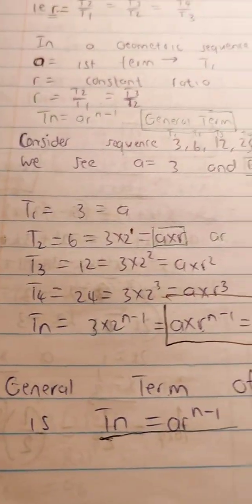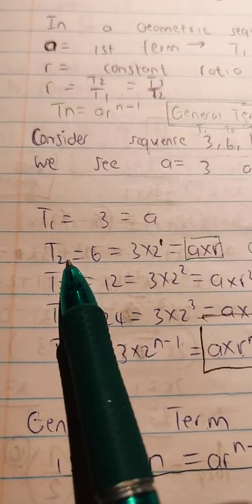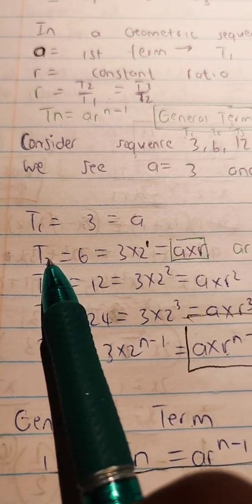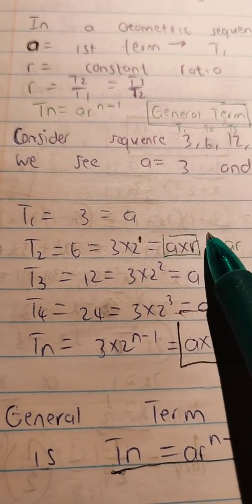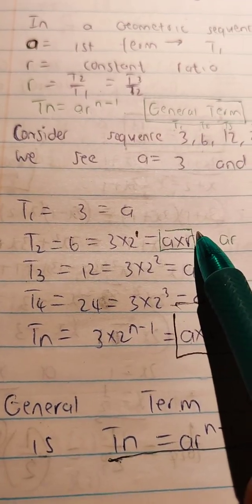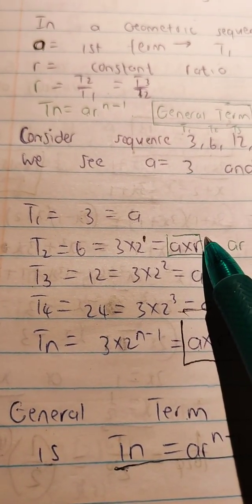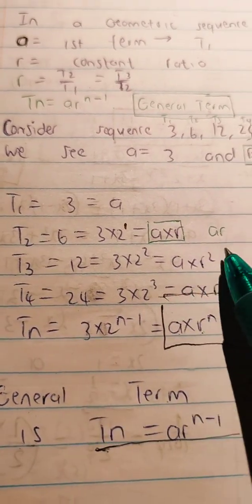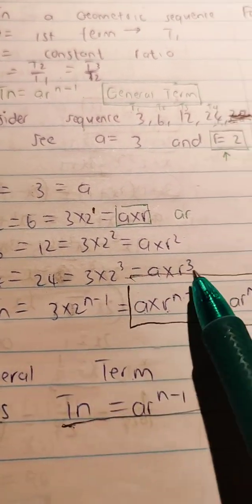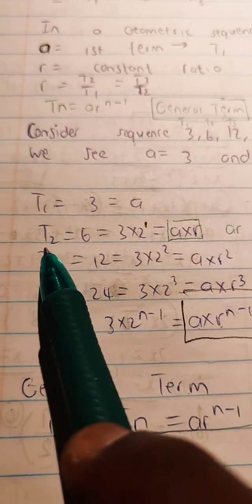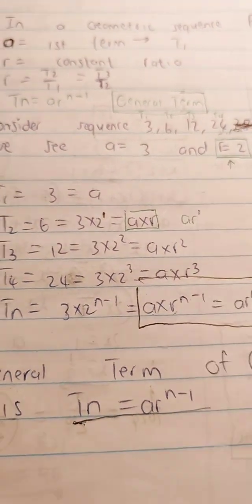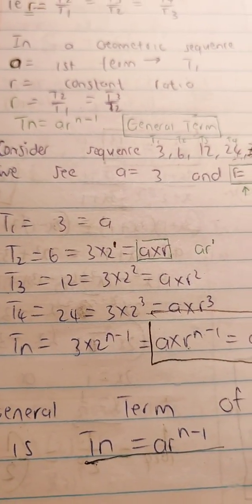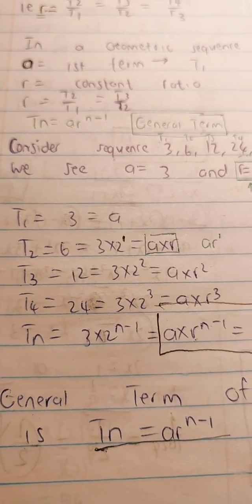Term 5, AR to the power 4. So it means that the term position will always yield a number one less in the exponent of R. Term 3 is AR squared. Term 4 is AR to the power 3. Term 2 is AR, but we know that there's an exponent 1, which is a ghost number. Are we making sense here?